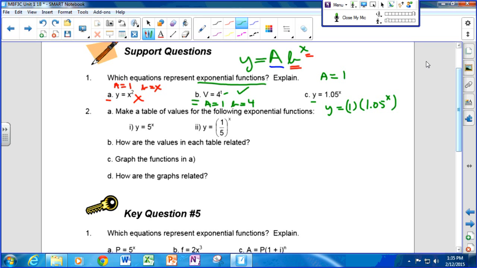Our b is 1.05, which is a number that's greater than 1, and indeed the exponent is a variable. So there you go, that is an exponential function. And because our b value is greater than 1, it's also exponential growth rather than exponential decay.